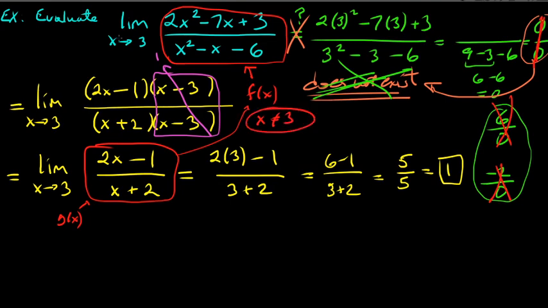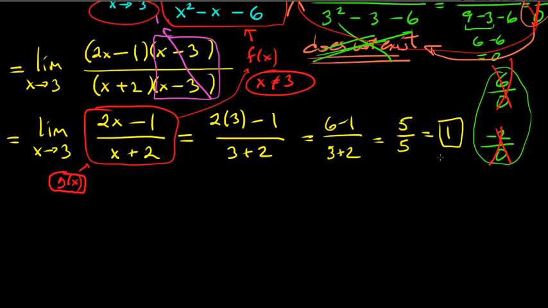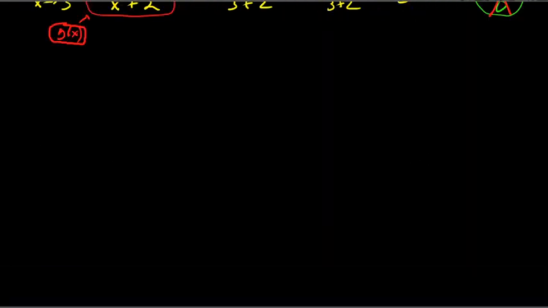That's the very value that we wanted to find the limit for, as x approaches 3. So that's why this did not work up here, and it did work down here. We had to simplify first to get your g of x, and then just plug in the 3 into your g of x. Okay, I'm running out of space, so let's do another one.